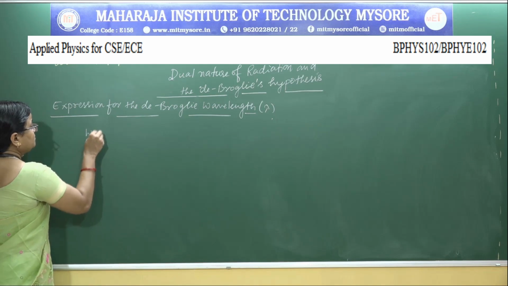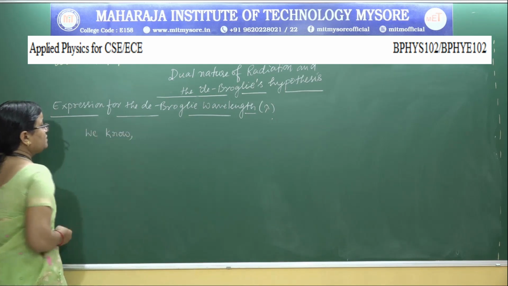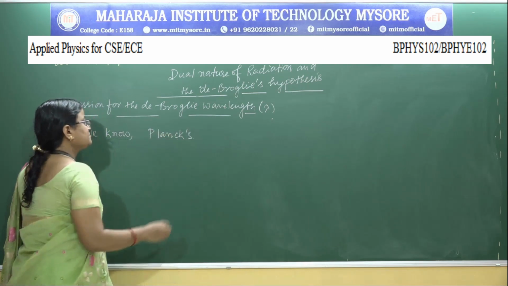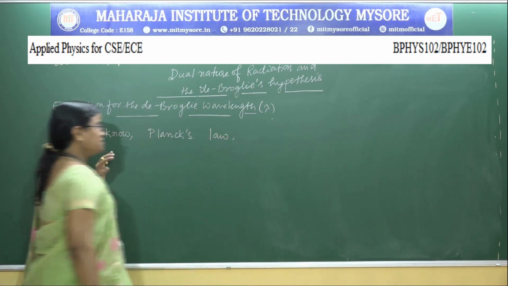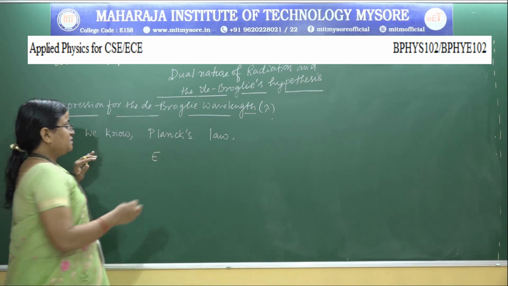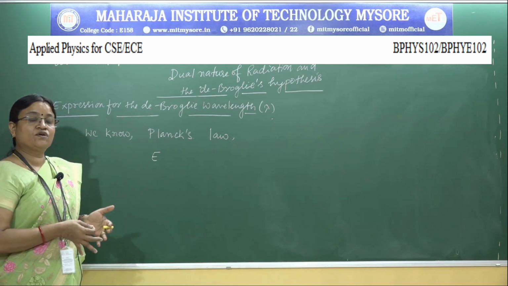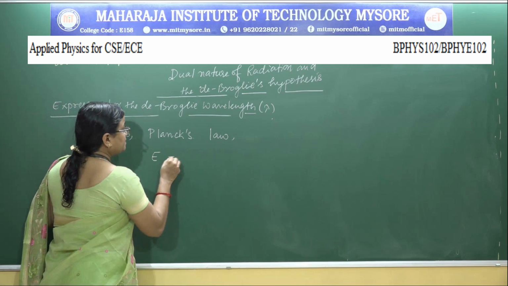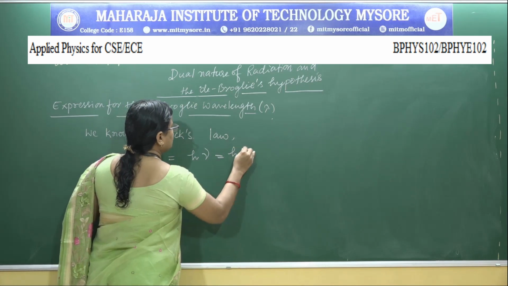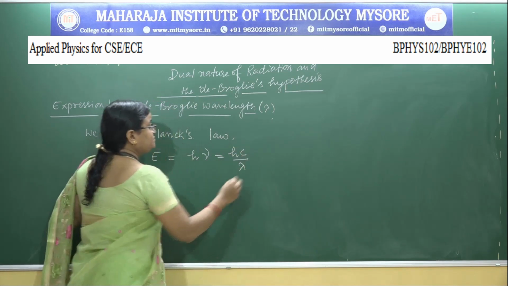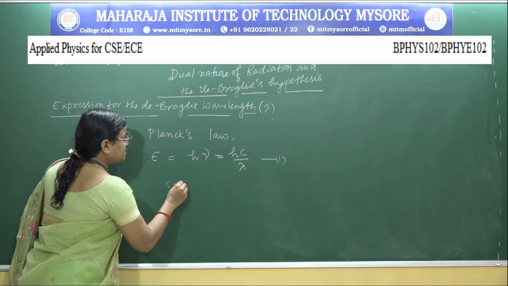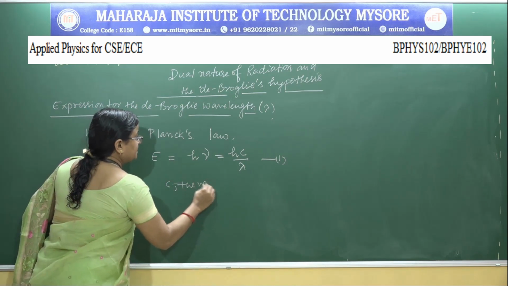So what we know is that using the Planck's law, the energy of a photon is given by E is equal to h nu, and that is equal to hc by lambda, where as usual h is Planck's constant and c is the velocity of light.